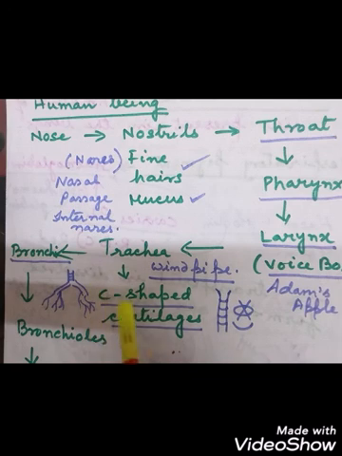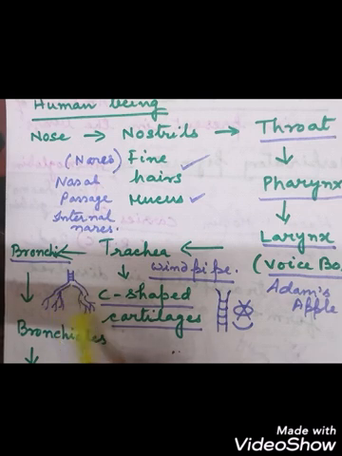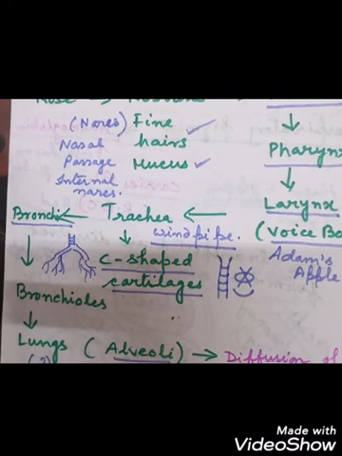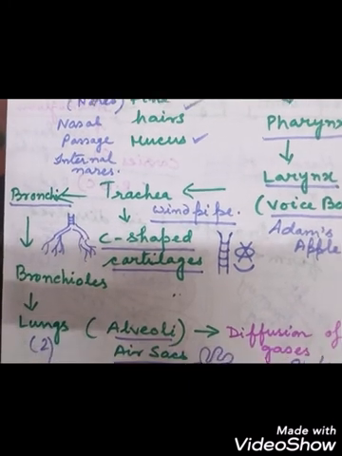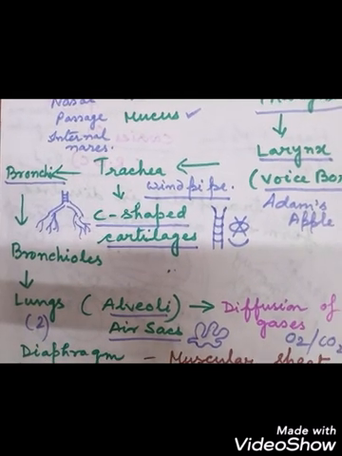This trachea, called the windpipe, then branches into two bronchi. The bronchi further branch to form bronchioles, and the bronchioles lead to the two very developed respiratory structures in our body, that is the lungs.